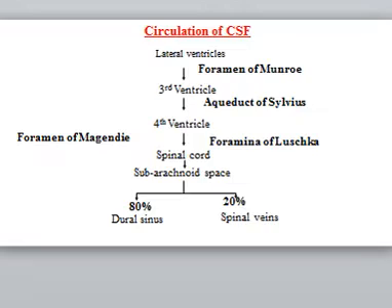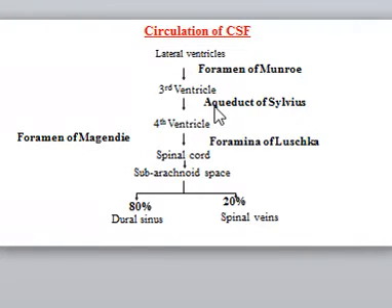And this is an important slide. This is the circulation of cerebrospinal fluid. A major quantity of the cerebrospinal fluid is formed in the lateral ventricles and enters the third ventricle by passing through the foramen of Monro, and from here it passes to the fourth ventricle through the aqueduct of Sylvius.